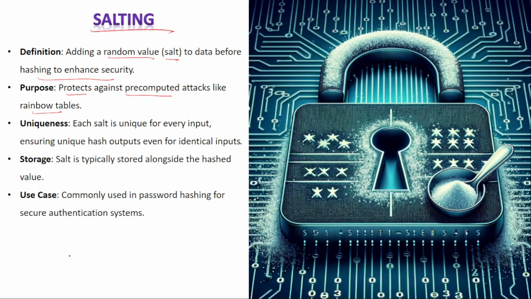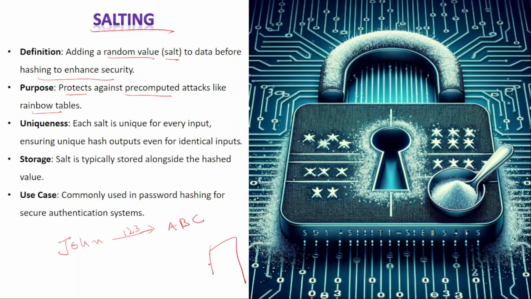So let me explain this. What do we mean by salting? So let's suppose John enters a password, let's suppose 123, and it is stored in the database as, let's suppose, hash value ABC. What does the rainbow table mean, or how is it used?